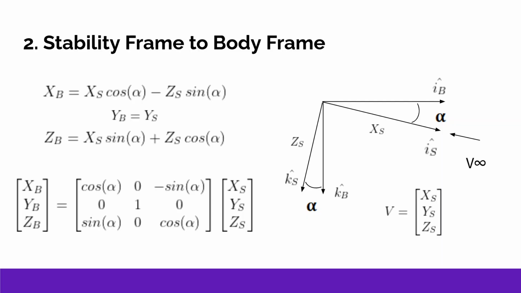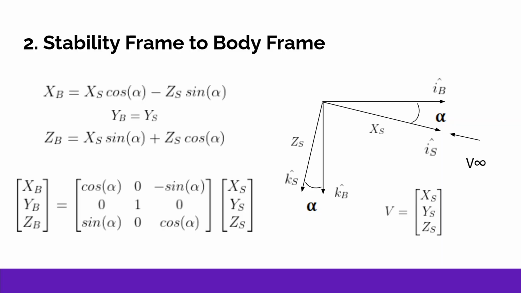So the projection of XS onto IB is going to be XS cosine of alpha, and because the direction of that projection is in the same direction as positive IB, it is going to be a positive contribution. The projection of ZS onto IB is going to be ZS sine of alpha. And because the direction of that projection is going to be opposite to positive IB, then it is going to be a negative contribution. We're rotating about the stability y-axis, so YB is actually equal to YS.